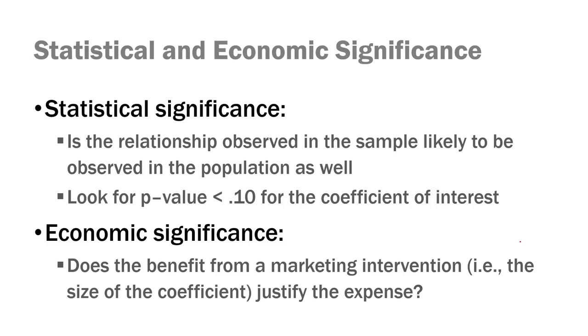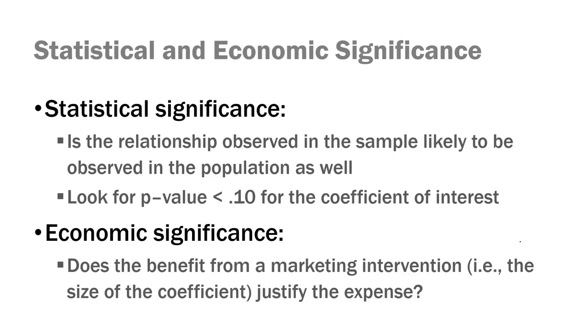So this is what we saw in p-value. We looked at p-values and said, look, if the p-value of a coefficient is less than 10%, then the coefficient in the model is actually significant, which means that this coefficient is likely to be observed to have an effect even if you look at another sample of data.